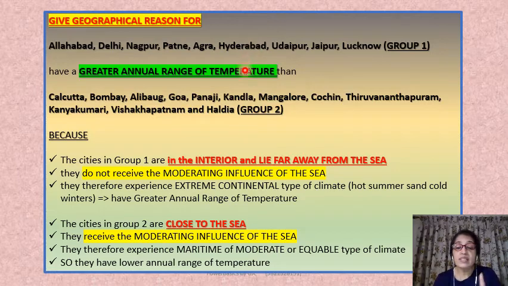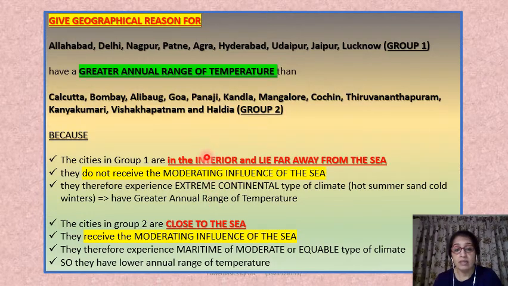So, this has got to do with the moderating influence of the sea, because cities in group 1 are in the interiors and lie far away from the sea. They do not experience the moderating influence of the sea, and they therefore experience extreme continental climate, hot summer and cold winter. Cities in group 2 are close to the sea.